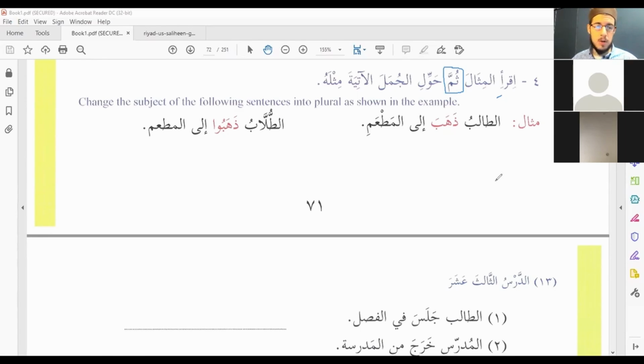Conjunctions, okay? There are 3 conjunctions you absolutely need to know in Arabic, and they are on a spectrum of time: waw, or wa, I should say, fa, and then thumma. Waw means and, and it also means that something is happening at the same time.